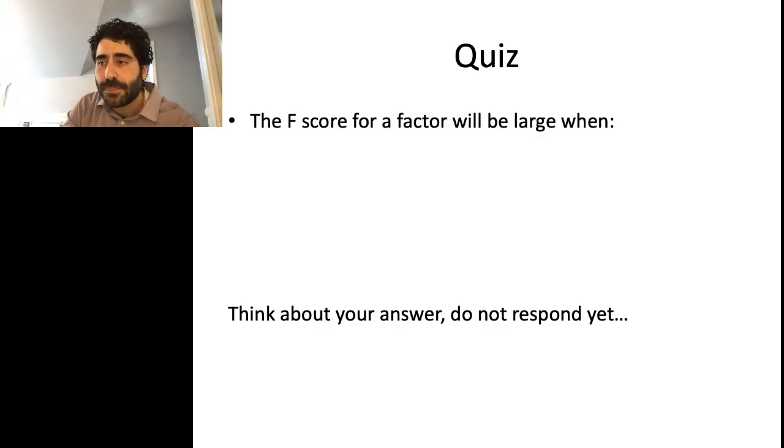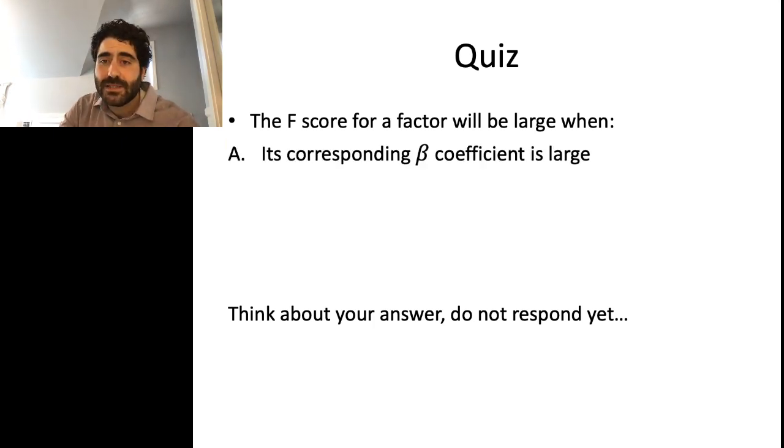So when we're thinking about this regression framework, when we're trying to predict people's outcomes based on some factor about them, so we've measured some nominal factor about these people, and we're making predictions. The question is, what will give us a big F-score for this factor, meaning that factor is important?